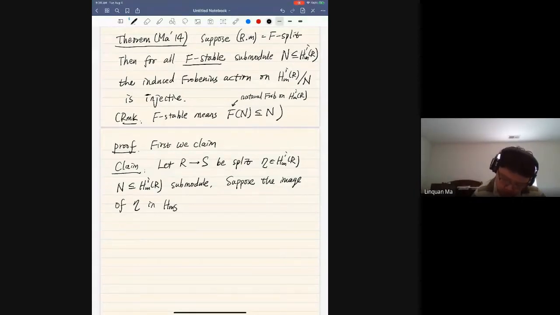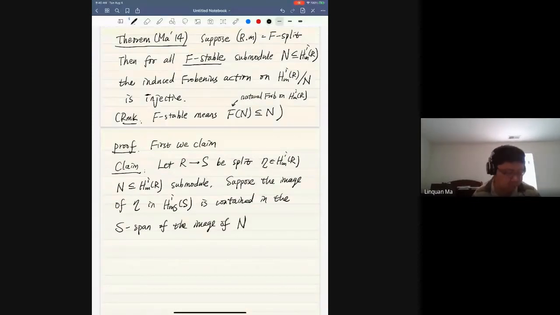So suppose the image of eta inside the H^d_m(M)⊗S is contained in the S span of the image of this N, this submodule N in H^d_m(M⊗S). So the image of N is an R submodule.